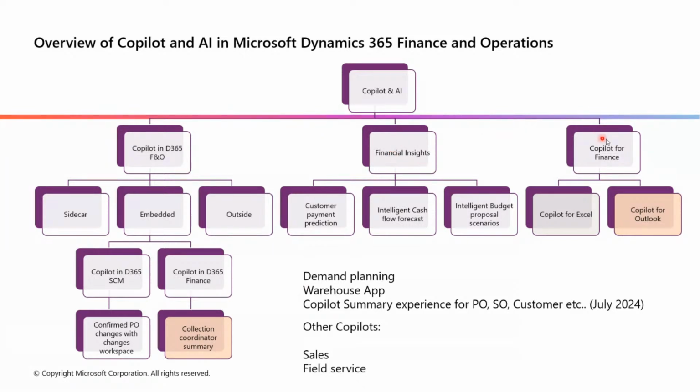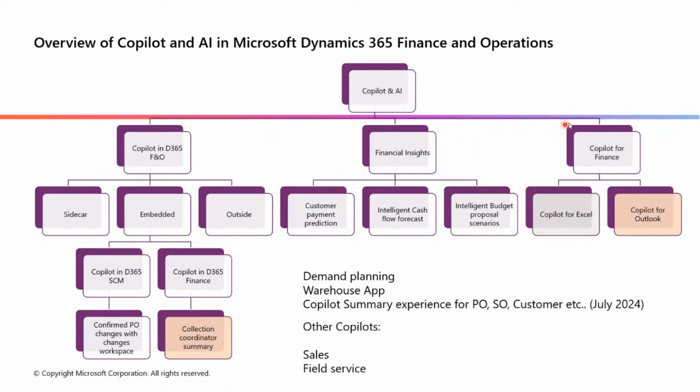And I have intentionally put one more feature here, which is Copilot for Finance. I know there are a lot of people who are still not clear on what is Copilot for Finance and what is Copilot in D365. Are these two things the same or is it different? So these two are different capabilities which we have.